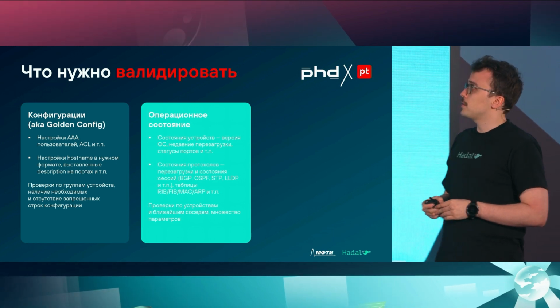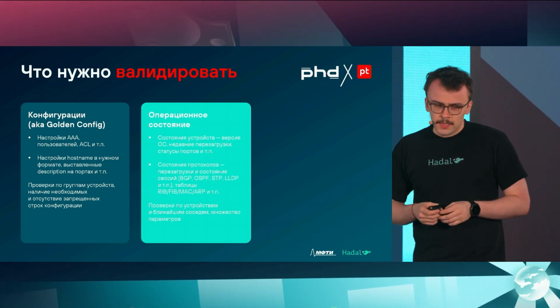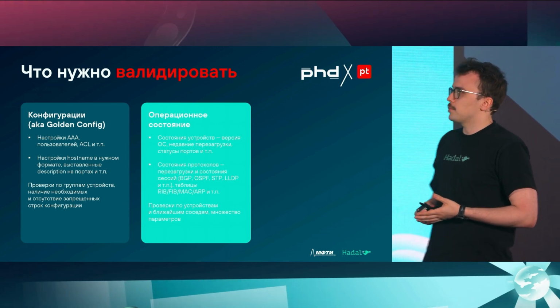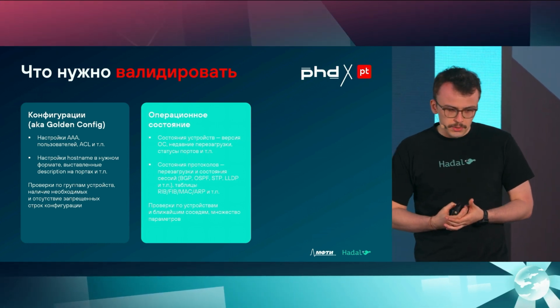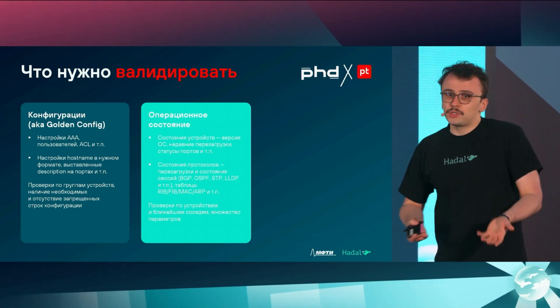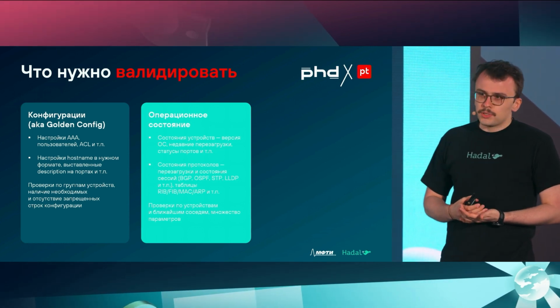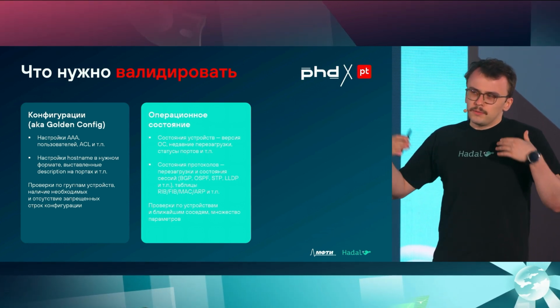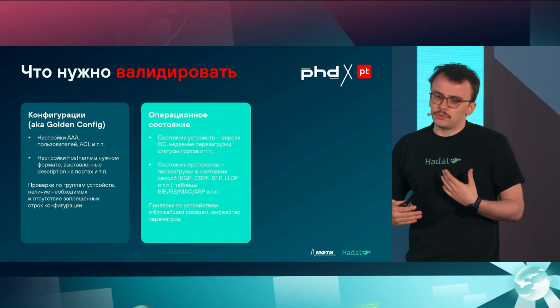The second thing, which happens more rarely, is the operational status validation. So it's the device states and protocol states. For example, it looks for recent reboots, OS versions, port statuses.